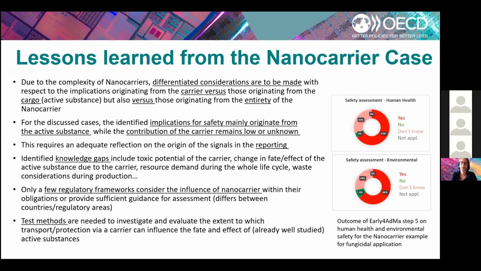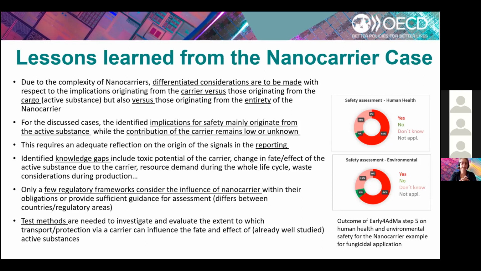So what were the lessons learned from the nanocarrier cases we discussed? The one main point is that these nanocarriers are quite complex systems, and due to their complexity, it's important to differentiate considerations that are made with respect to the implications which originate from the carrier itself, from those that originate from the active substance, but also those issues that originate from the entirety of the nanocarrier system as such.